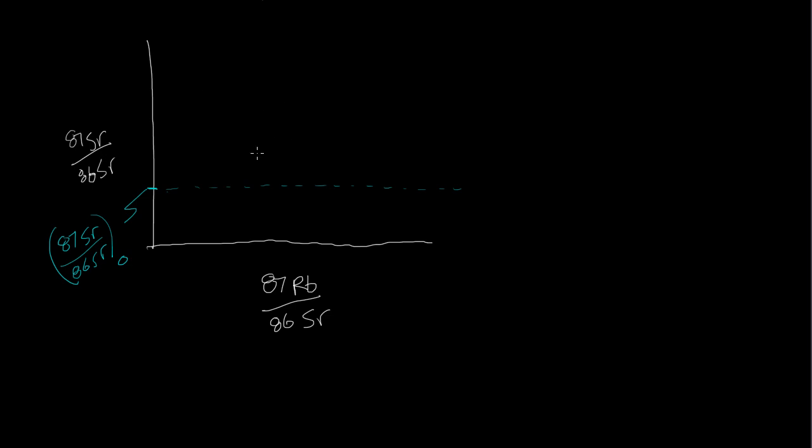If we have now two compositions, here's one composition, and here's another composition. These two points now define a line. And that line, it's supposed to be a straight line here, will go through the initial composition. That's what I'm trying to say.